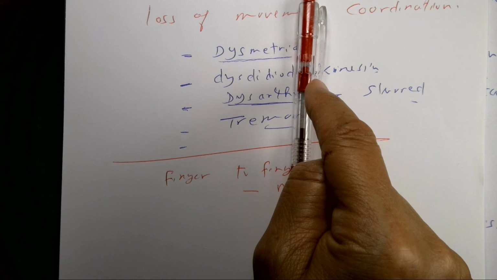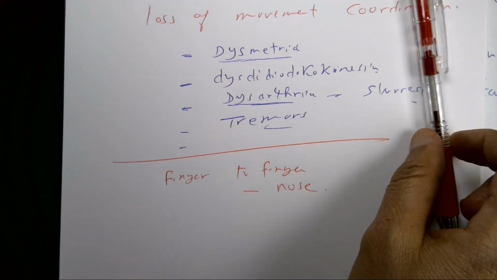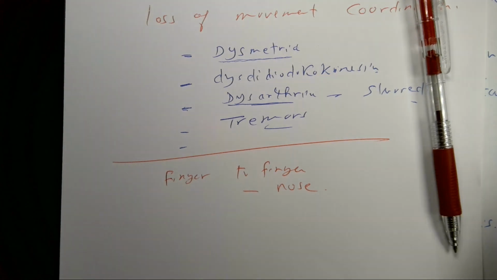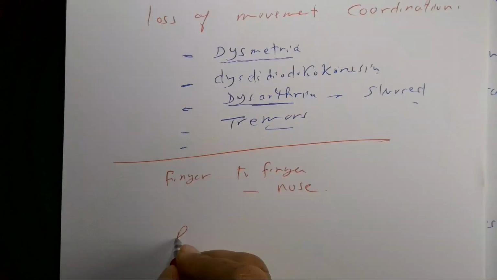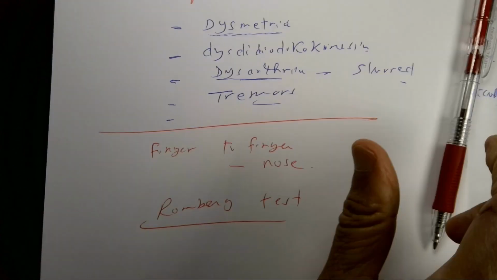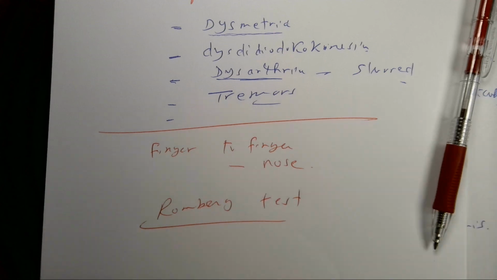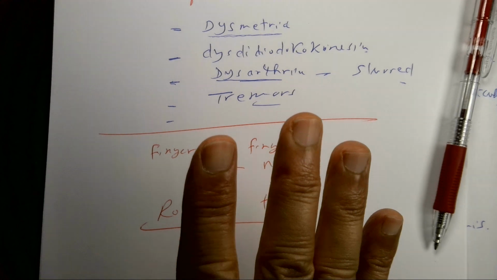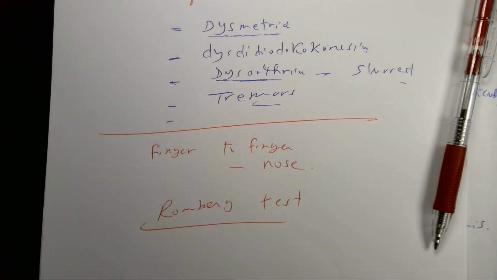If you ask the patient to do alternating movements like supination and pronation of the arm, they fail to do that. And there is a test called the Romberg test. You ask your patient to close the eyes and extend the arms in front of the body at the level of the shoulder, then ask him to move while he is closing the eyes, and he is going to lose the balance.